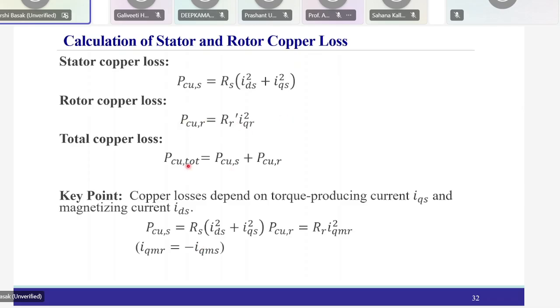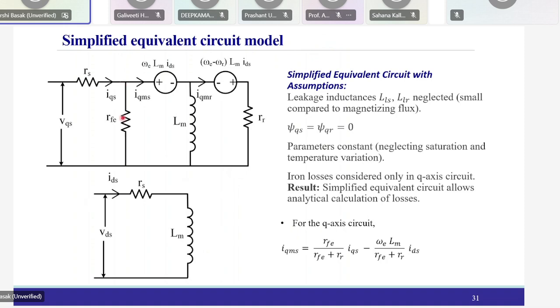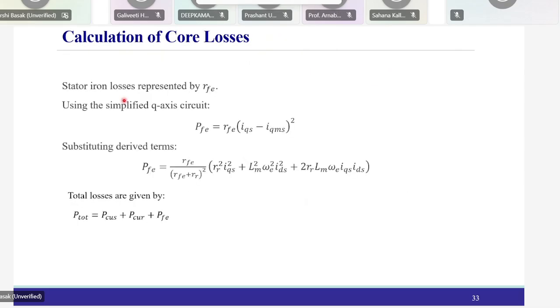So this will be the total copper loss, and then the whole loss will be equal to the loss in this resistance, and that loss in the resistance is given by this expression: RAP into IQS minus IQMS whole square.